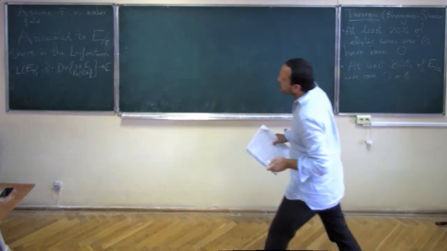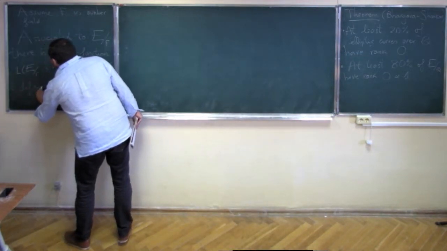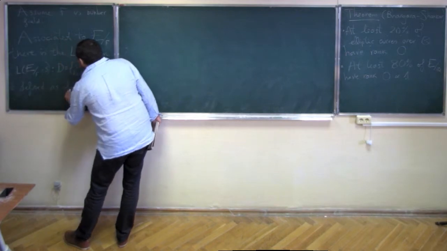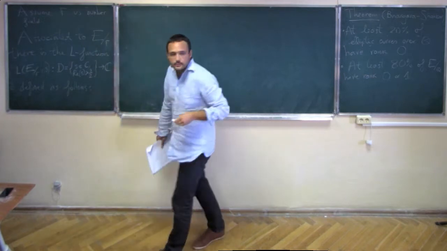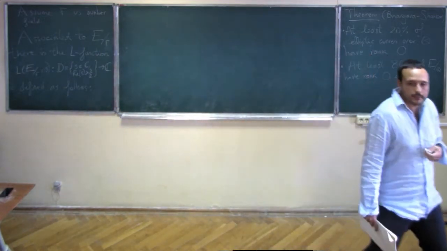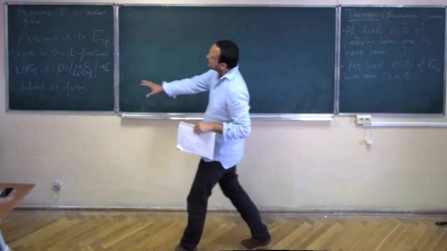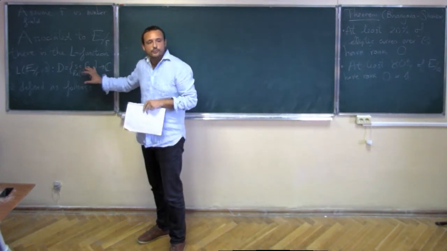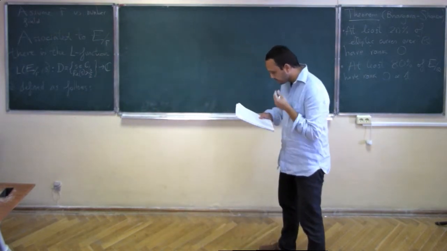Okay, defined as follows. It will be defined by means of an infinite product that will converge precisely for complex values of s satisfying that the real part is at least 3/2, and it's the following.